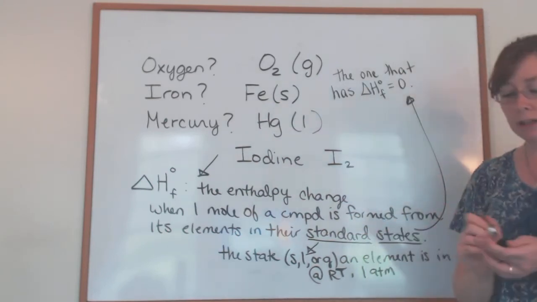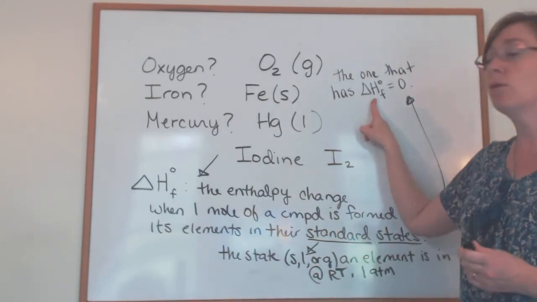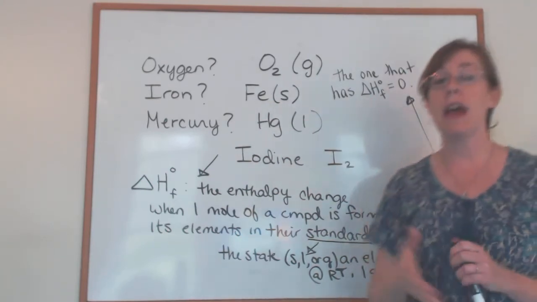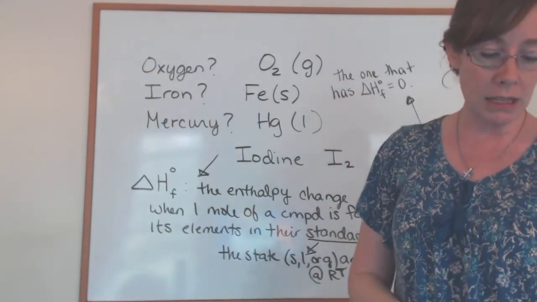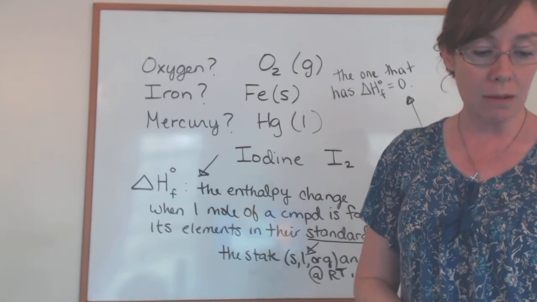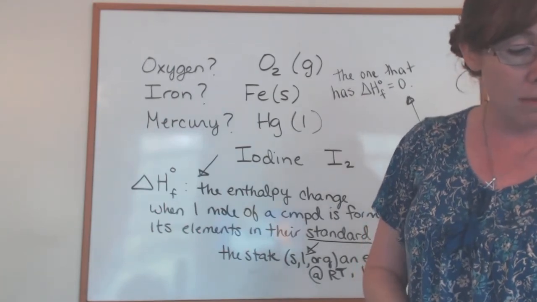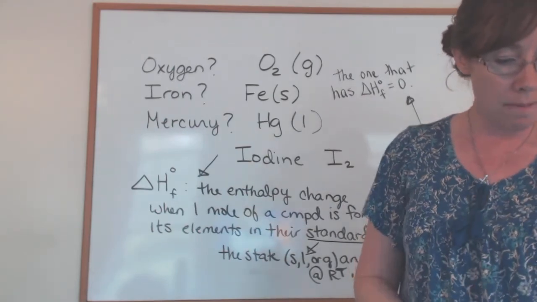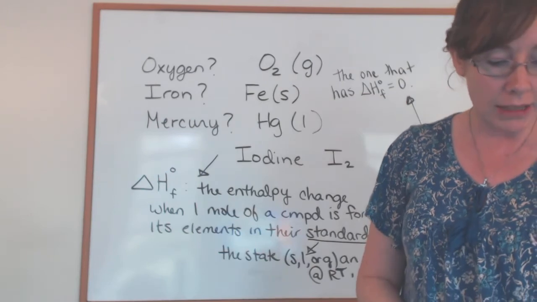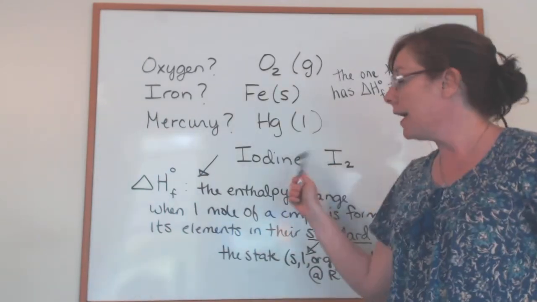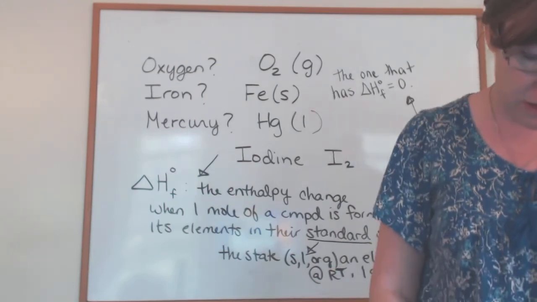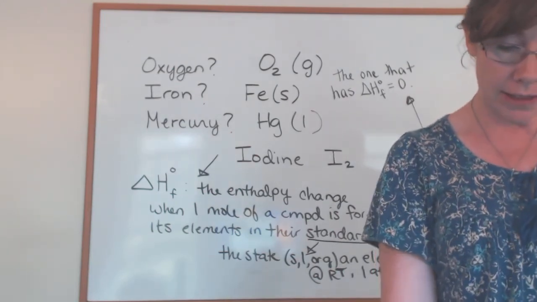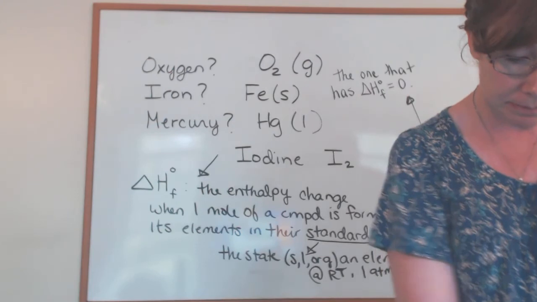So the way that this works is these standard enthalpies of formation are known, and they're given actually in the appendix of the back of your textbook. So if you can grab your textbook, go to Appendix 2 at the very back of the textbook. Appendix 2. And what we're going to look for is iodine, okay? So go ahead, I'll give you a minute to go look for iodine. These are all listed by the element.